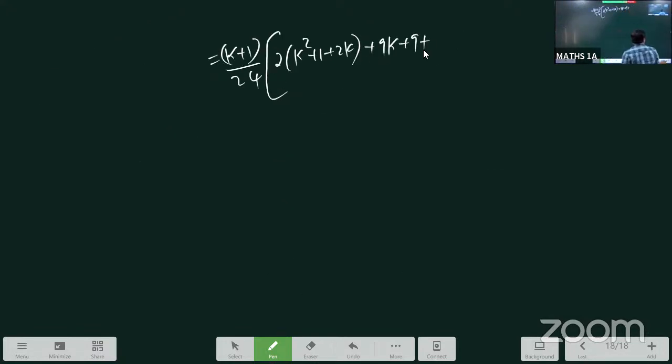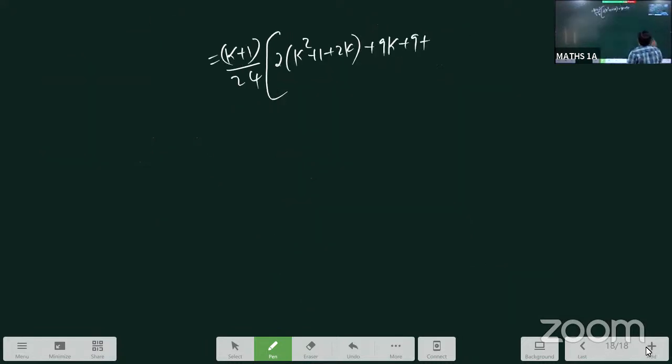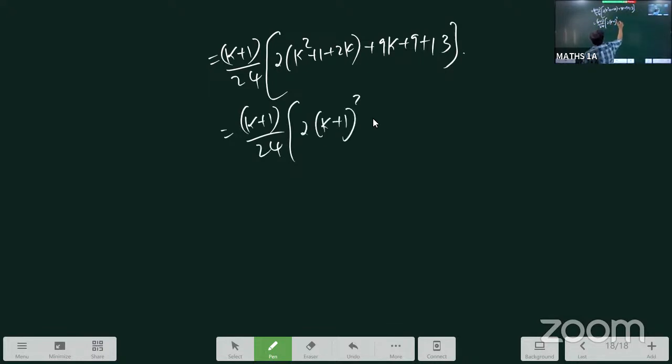From 22, if I subtract 9, what am I going to get? 13, correct? 13 plus 9 is 22 only, no? So from 22 I took out 9 common. So what will be left out? 13. That is nothing but k plus 1 by 24 into 2 into k plus 1 whole square, plus 9 into k plus 1, plus 13. See, instead of n, you got k plus 1.